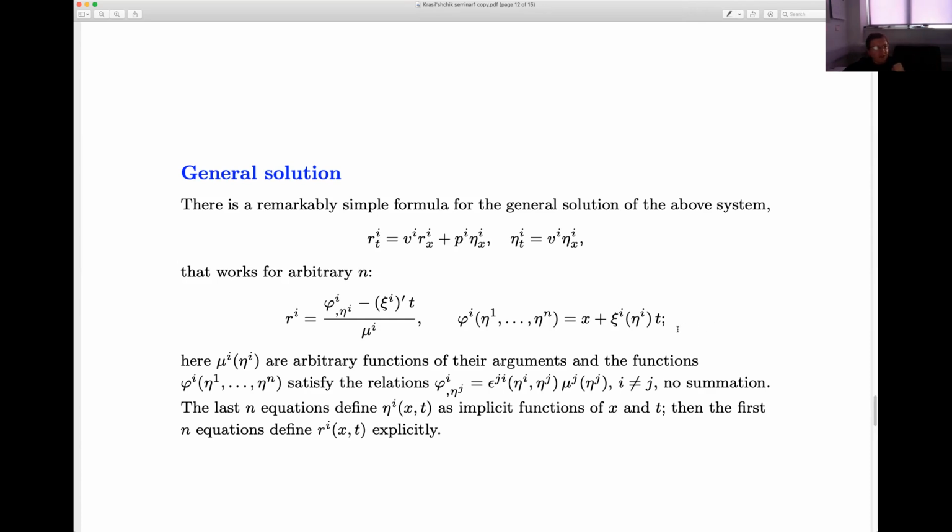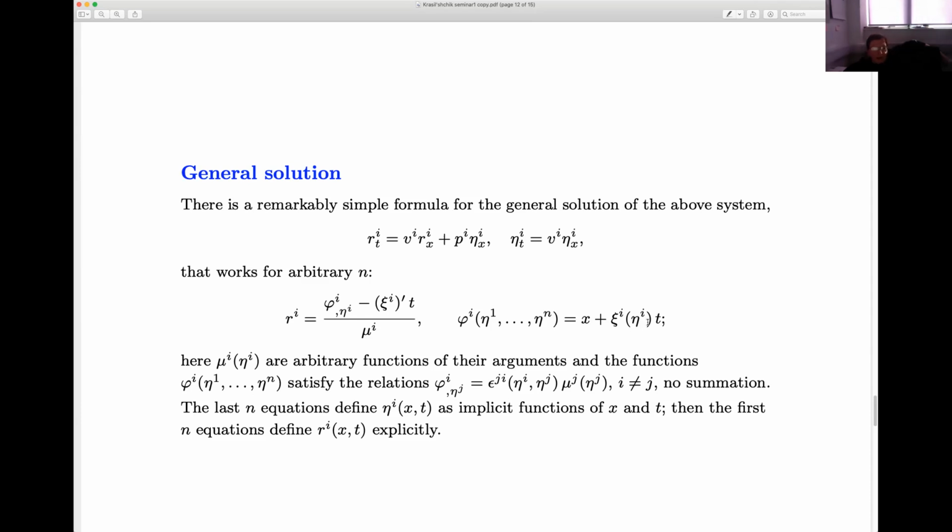How to understand these formulas? Okay, I need to explain what these mu i's are, first of all. Mu i of eta i are just arbitrary functions of one argument. So you have n functions of one argument, absolutely arbitrary. They appear here in the denominator, right?